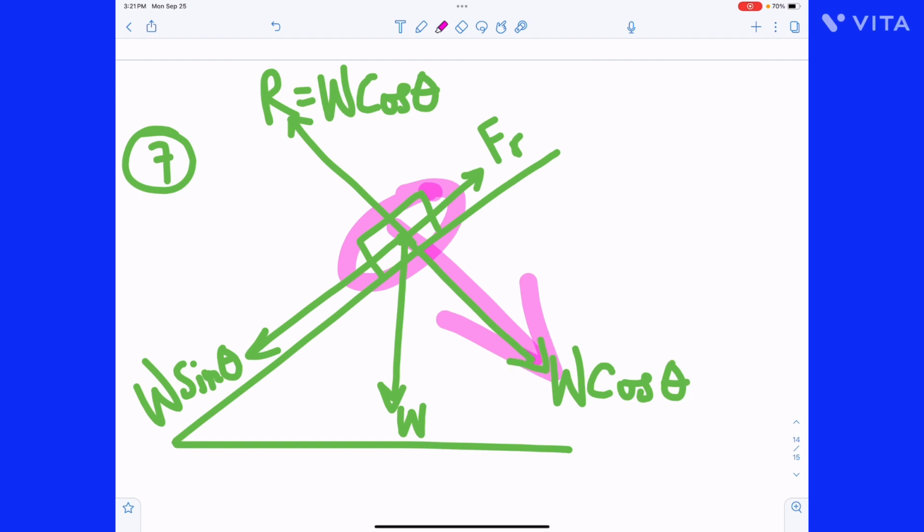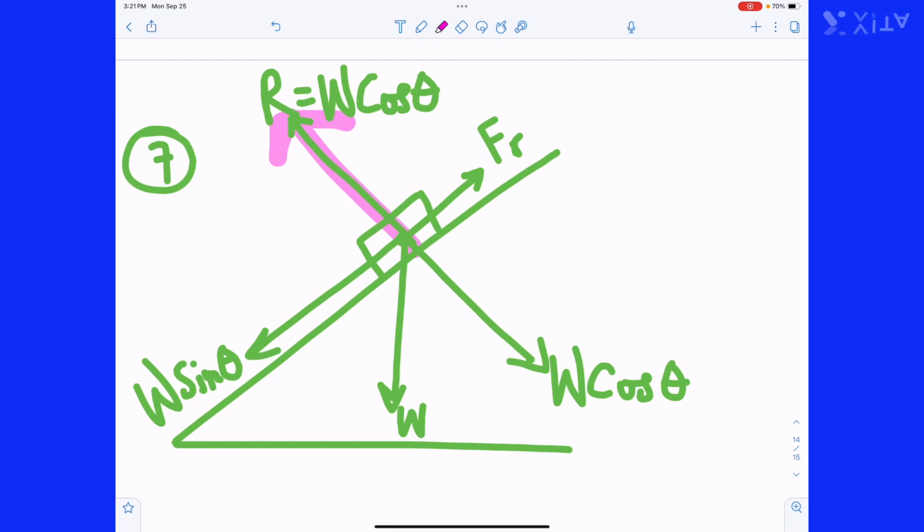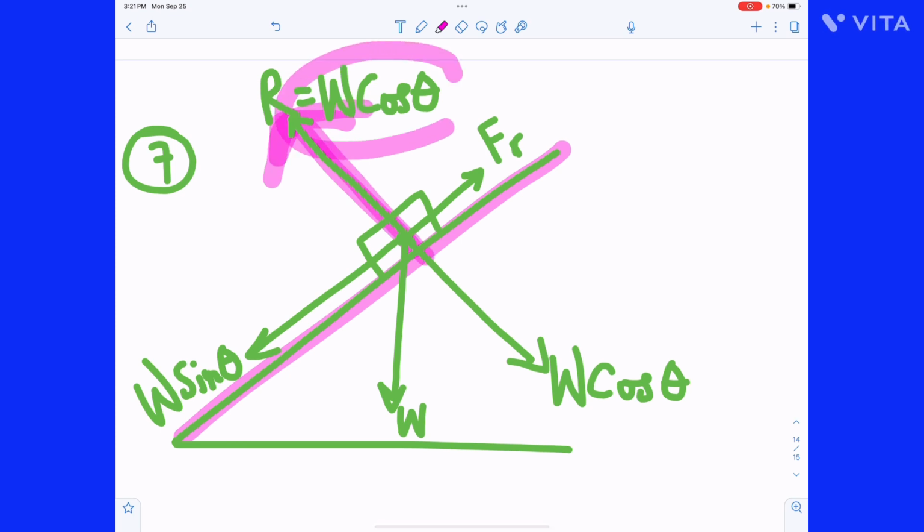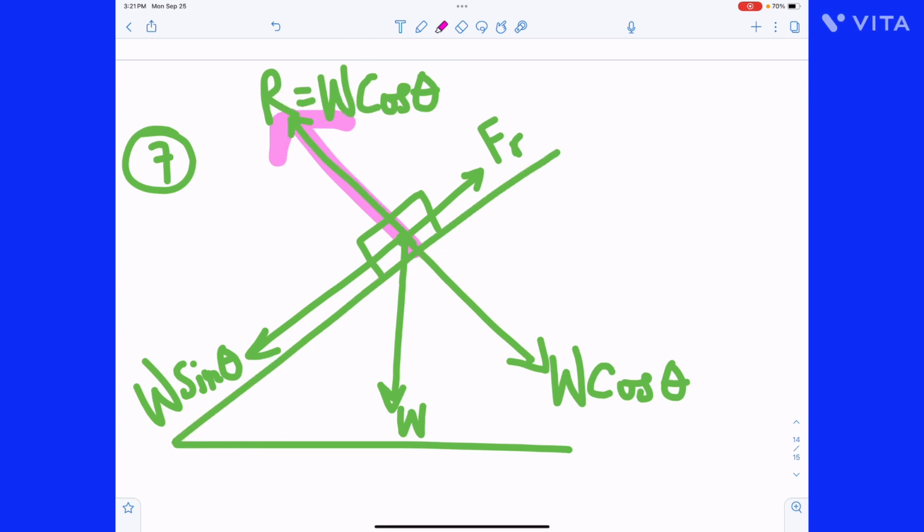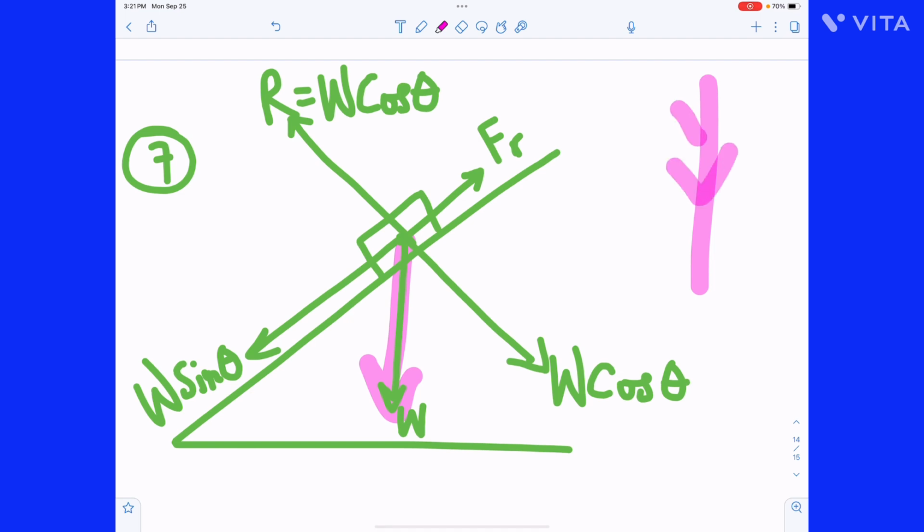That means the normal reaction of the plane on the box, which acts upwards like this, is also R, W cos theta. Let me say that again. The weight of the box acts downwards because gravity acts vertically downwards. Can you see that?